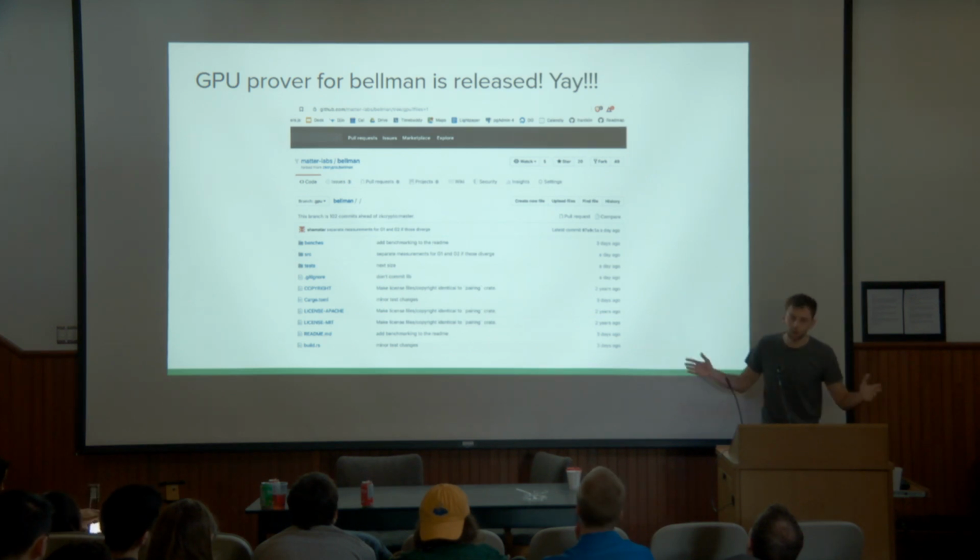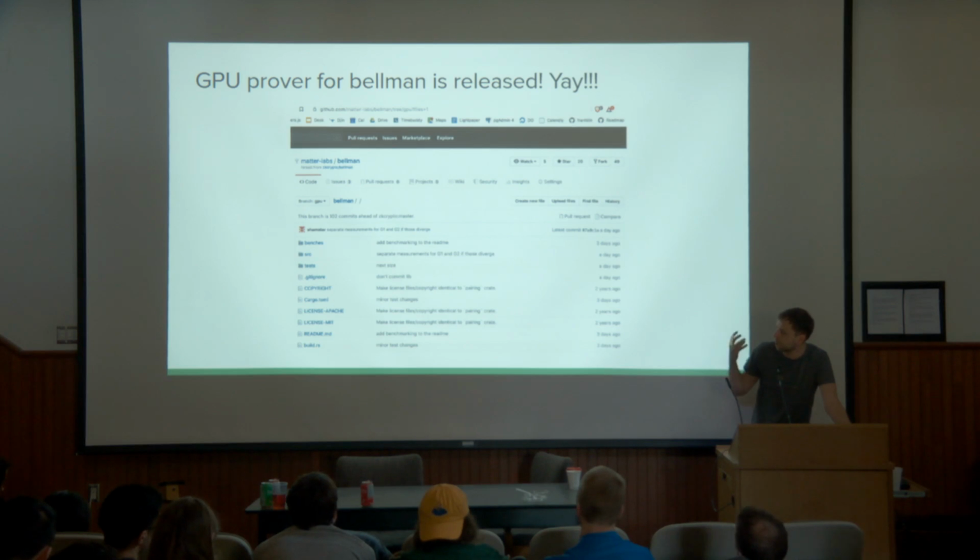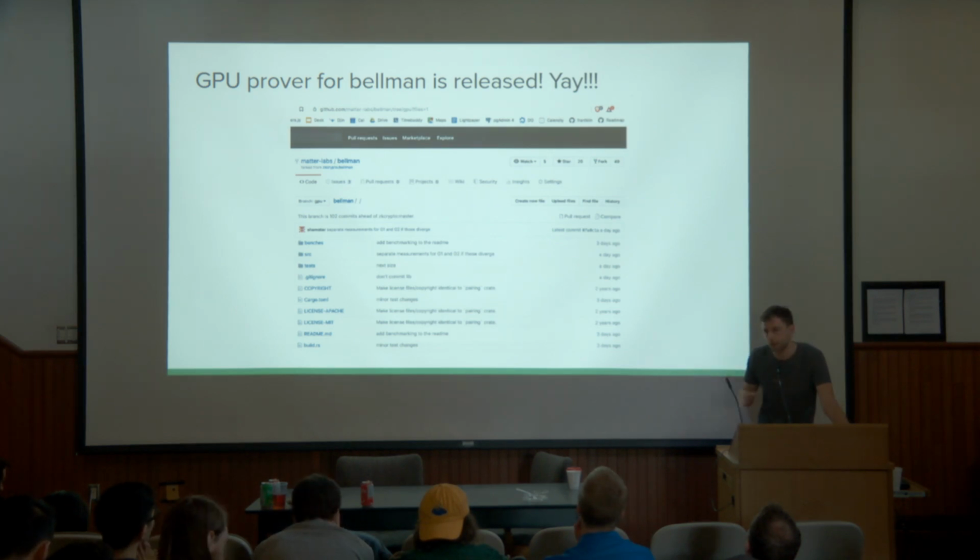So if we use, let's say, some cluster of AWS machines with GPUs, it's not going to give us significant benefit yet, but the code is not yet highly optimized. It's just the first GPU prover which can actually be used to construct complete Snark proofs, and not just part of it. Some parts of it are already faster or more economically efficient than CPUs. Others are not there yet, but we want to optimize them, and we want to invite others to also collaborate on this.